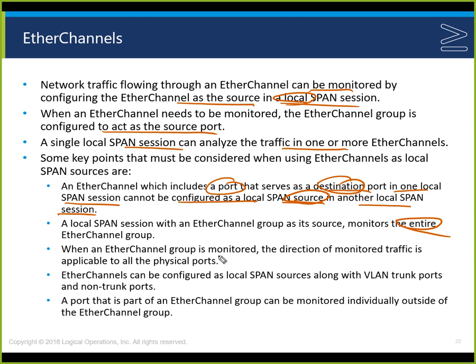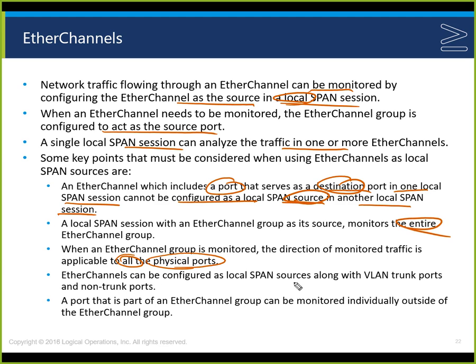When an EtherChannel group is monitored, the direction of the monitored traffic is applicable to all physical ports. So again, we're going to monitor the EtherChannel, and we're going to monitor all of the physical ports.